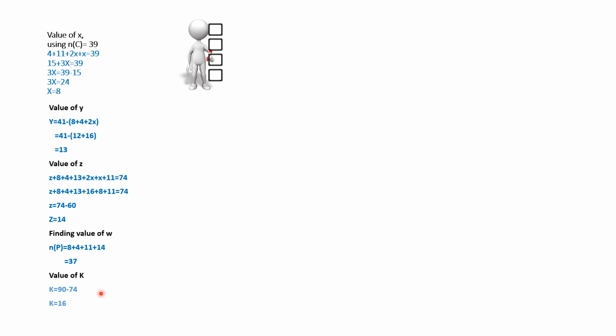Then the last unknown is k. So it means that if 74 had visited at least one, then the remainder from the 90 had not visited any of the 3 cities. That's why you see me getting 90 minus 74, getting a difference of 16.